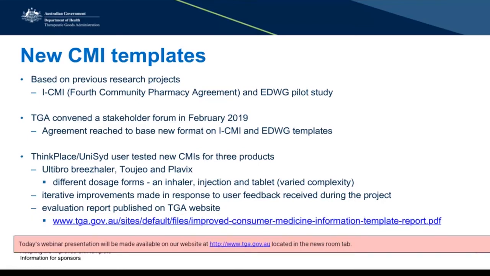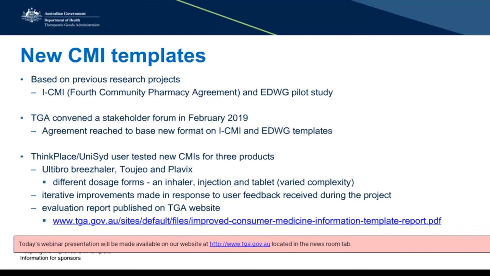In particular, there was the ICMI program that was conducted under the Fourth Community Pharmacy Agreement with the Pharmacy Guild, conducted by the University of Sydney, and that had extensive consumer surveys. One of the outcomes of that project was a suggested improved template for CMIs, as well as some other recommendations.